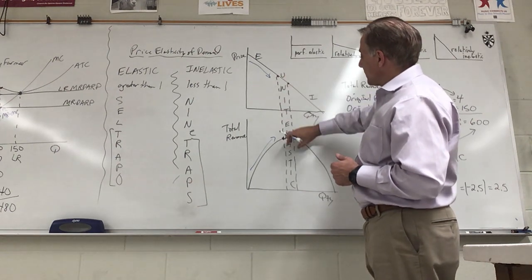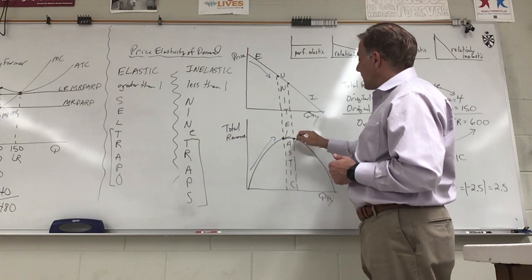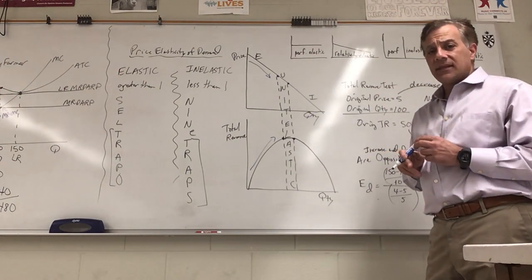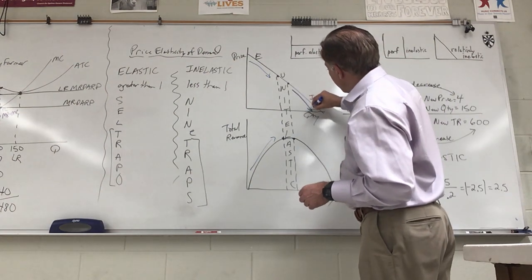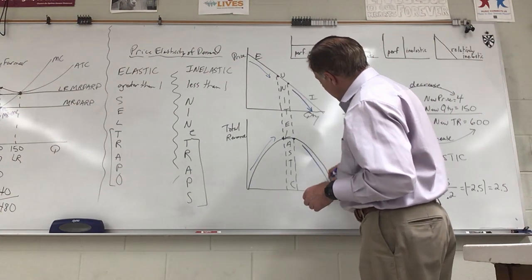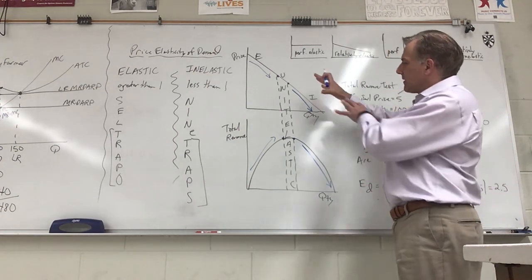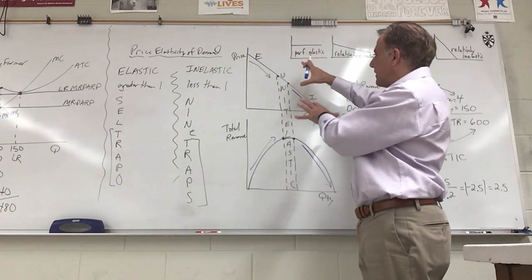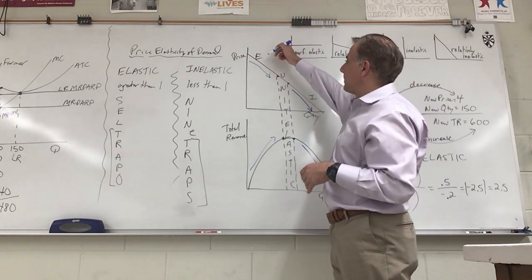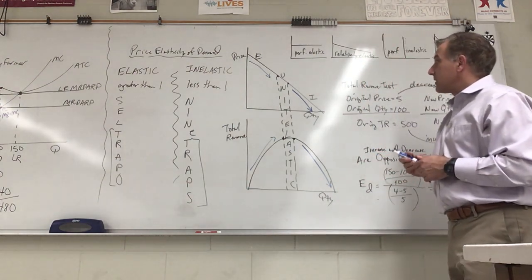Unit elastic region is the highest total revenue, and total revenue does not change with the decrease in price in the unit elastic region. And then in the inelastic region, as price goes down, total revenue goes down, okay? So it's just a nice little way to make sure, you know, if we understand this, we're in pretty decent shape. And remember, it's EUI, everybody under the influence of the Holy Spirit.